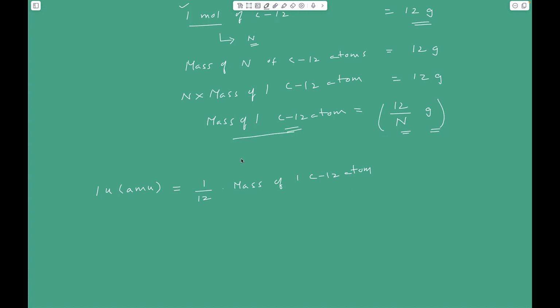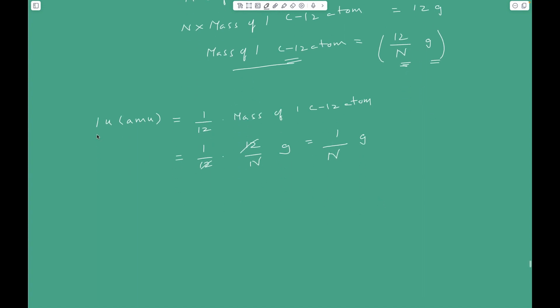This much, right? So let us substitute this value here. So it will be 1 over 12 times 12 over N grams. Cancel these two. So you will have 1 over N grams on the right hand side. So one unified atomic mass unit or atomic mass unit is the reciprocal of Avogadro's number in grams.